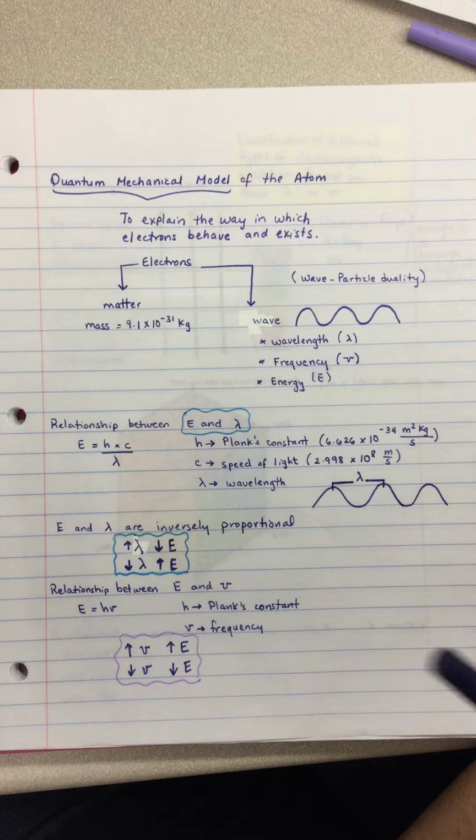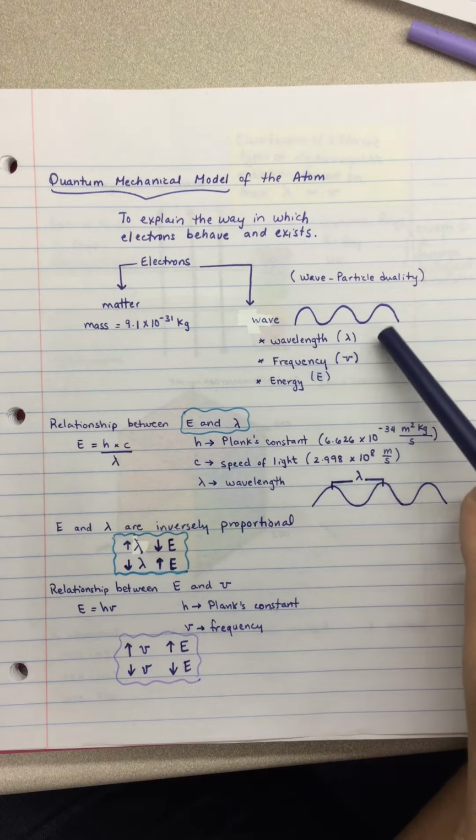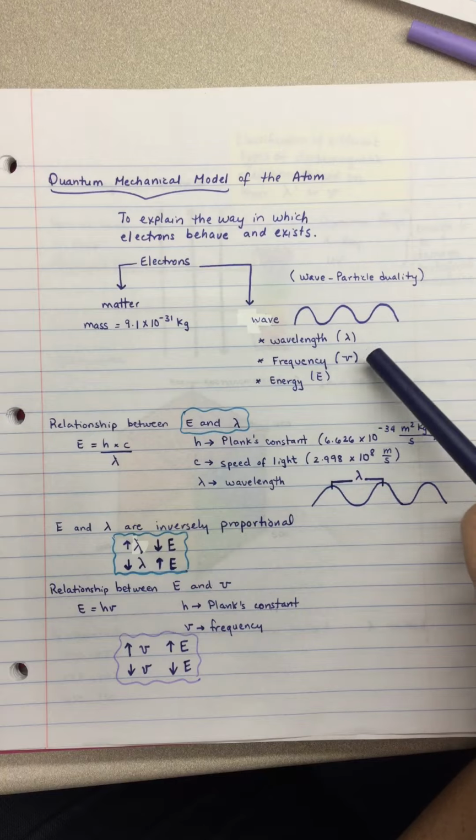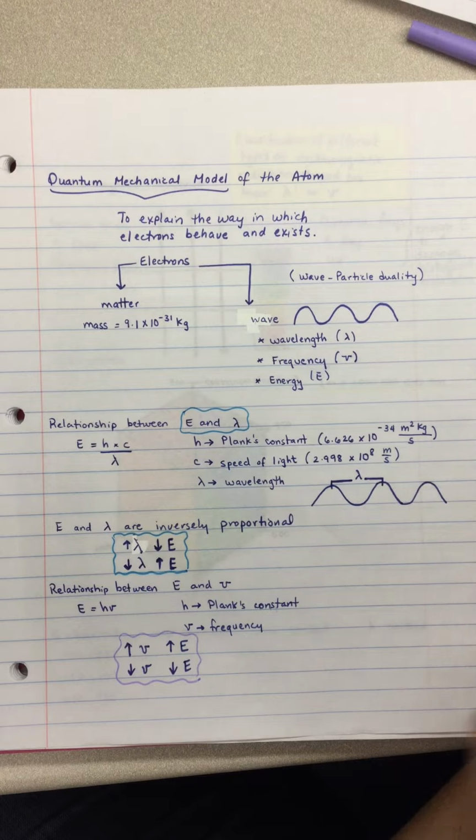So a wave can be described based on different properties like wavelength, frequency, and energy. And we have different symbols for each one. Okay? We have wavelength, frequency, energy here, and we can go over the relationship between energy and wavelength, energy and frequency. There are mathematical equations that relate the properties.